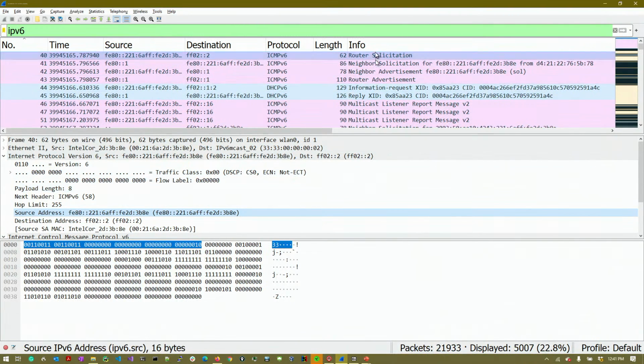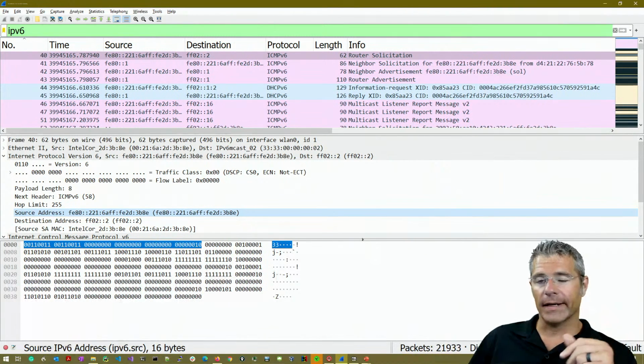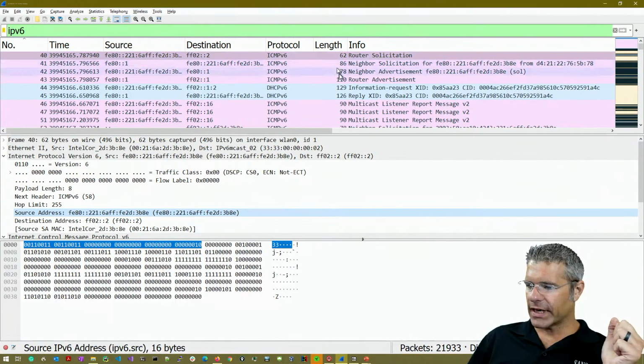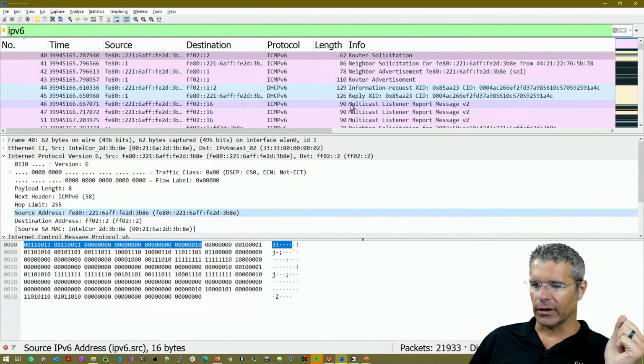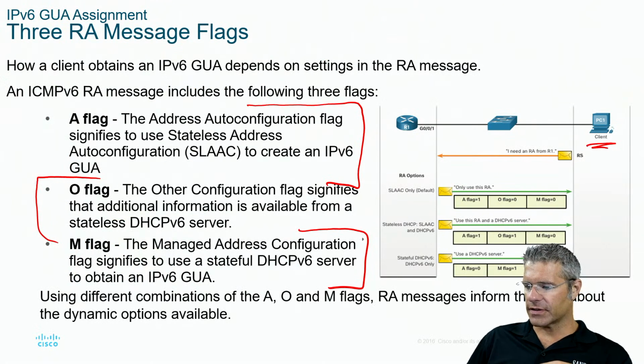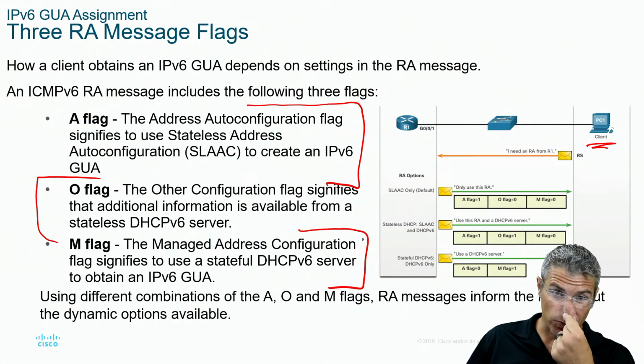I'm looking to learn how to be part of the big bad internet. So it pops that up there and gets back a router advertisement later on that has that information inside of it. That RA has these various flags set, and by those flags we figure out what's going on.